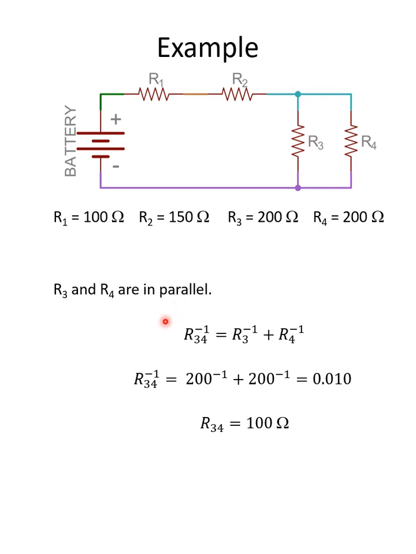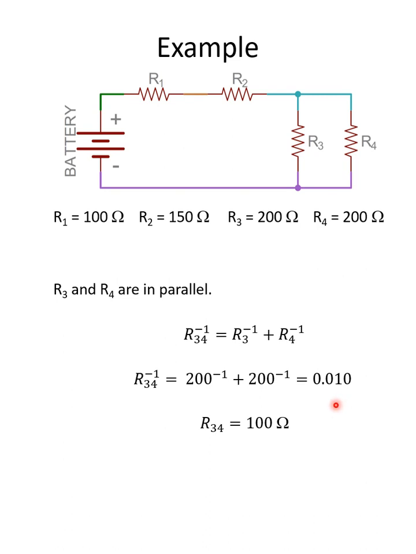Using the parallel resistor formula, the reciprocal of R34 is the reciprocal of R3 plus the reciprocal of R4. So it's 200 to the -1 plus 200 to the -1, which is 0.010 per ohm. Take the reciprocal of that, so R34 is 100 ohms.